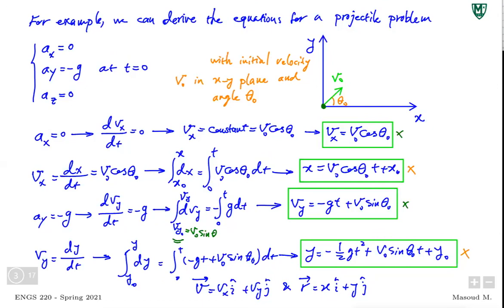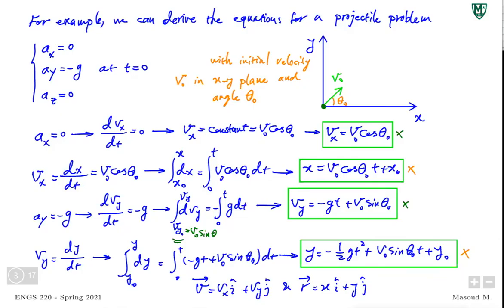Now, given the information we have, we don't know what Vy is, but we can use the last equation, this one right here, y equals minus 1 over 2 g t squared plus v naught sine theta naught t plus y naught.